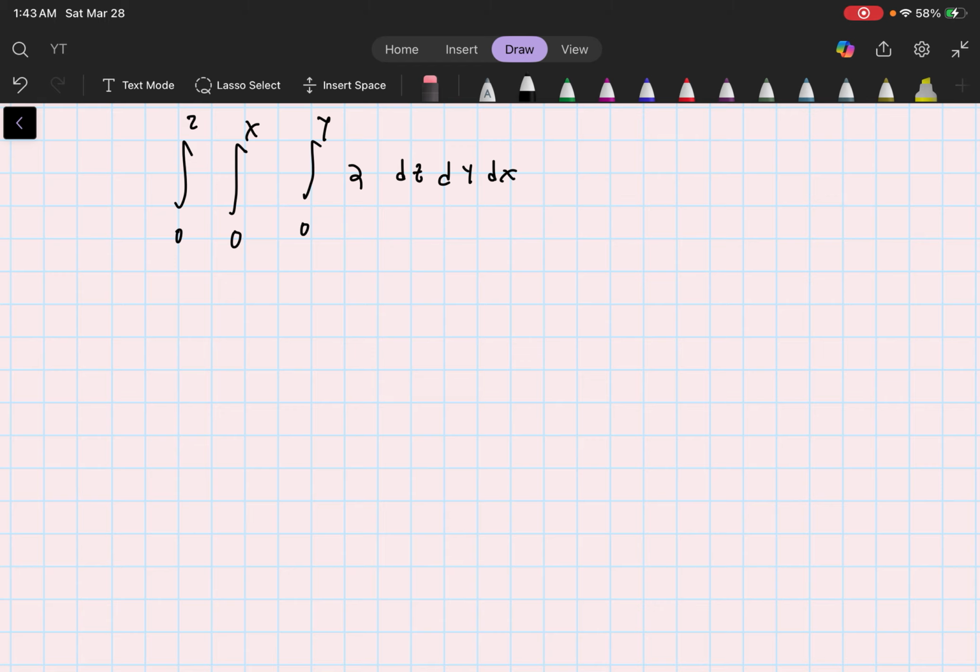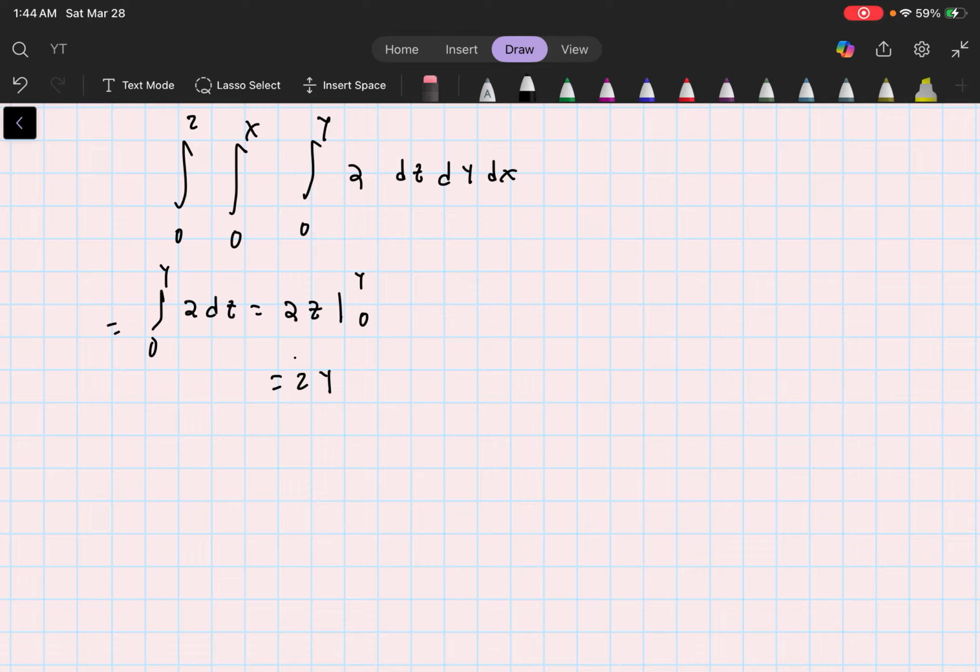So essentially, we have the integral of 0 to y of 2 dz, which is just equal to 2z from the bounds of y to 0. So we just get 2y.